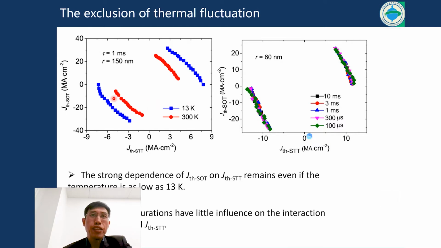As you can see, at 300K and at 13K, this interaction and combination effect reproduces very well. And we also tried different pulse durations. Here you can see from 100 microsecond to 10 microsecond. This combination is very reproducible.